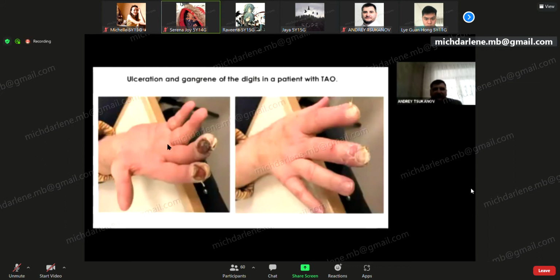Also, we can see the picture in the arms, ulceration, gangrene in the digits.